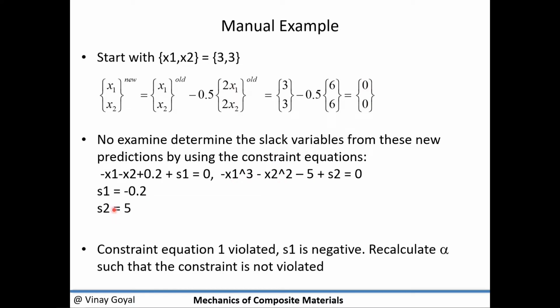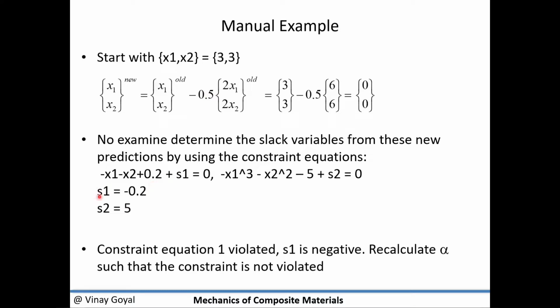But the first constraint got violated, so I had to recalculate this value of alpha so that the constraint that got violated can be rectified. And since I'm riding right up to this constraint and even exceeding it, the most reasonable thing to believe is that I am against this constraint.